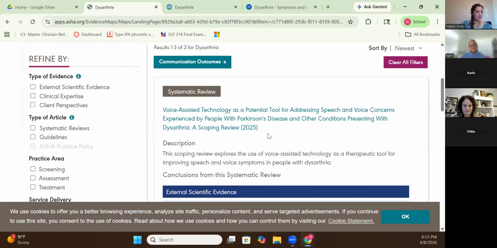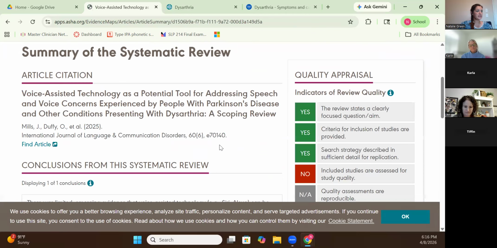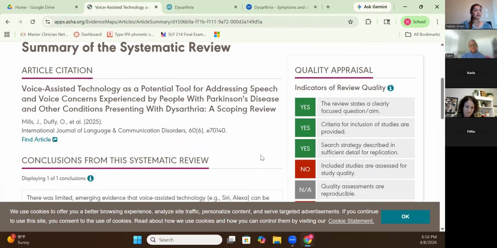Okay, so one of the ones that just came up, I can click on and look at: voice-assisted technology is a potential tool for addressing speech and voice concerns experienced by people with Parkinson's disease, right? And when we just talked about our different types of dysarthria, when we're talking about Parkinson's, does anyone remember which dysarthria Parkinson's is associated with?